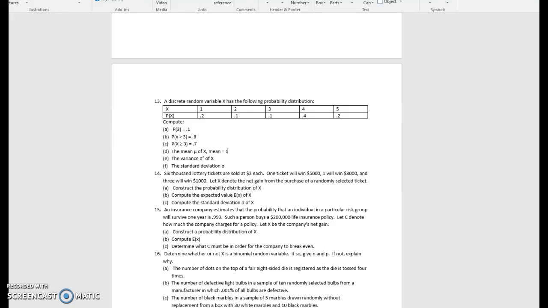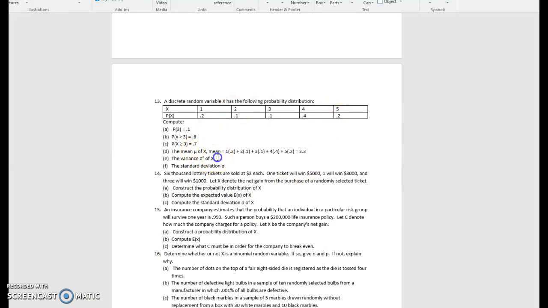So we're going to do 1 times 0.2 first. That's our first column. 2 times 0.1. 3 times 0.1. 4 times 0.4. And 5 times 0.2. And when we put this whole string of calculations into our calculator, that's going to give us the mean. And that ends up being 3.3.